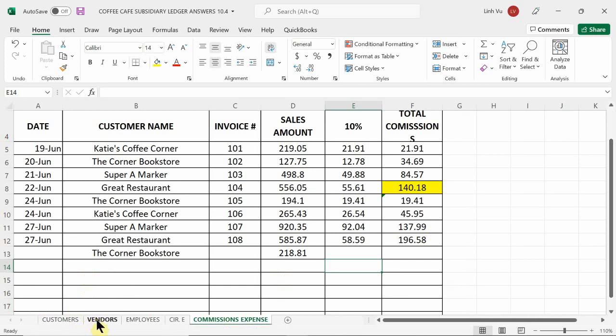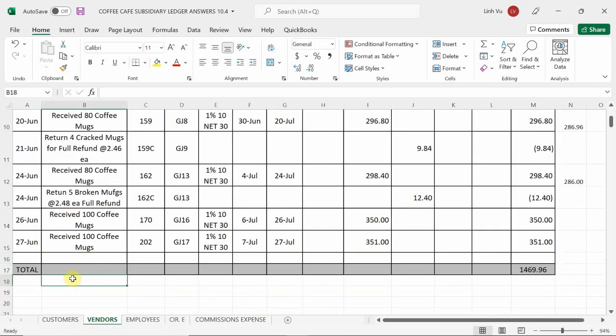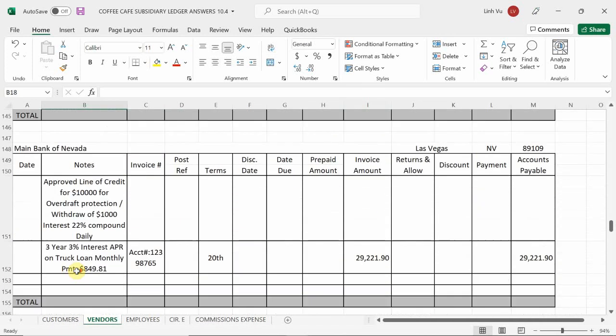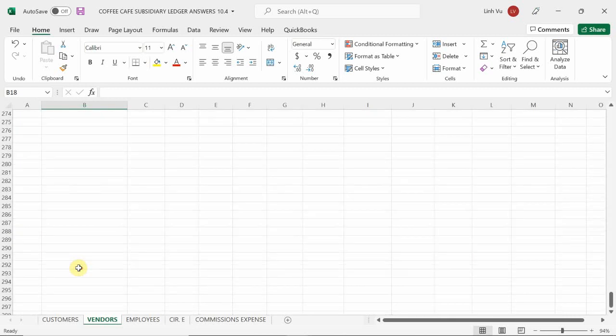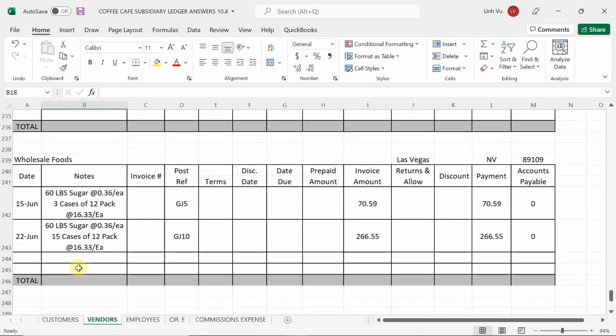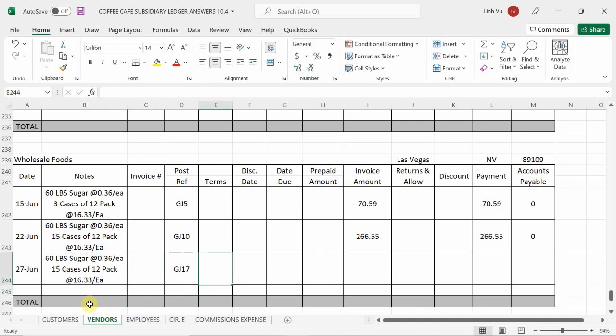Last but not least, you need to update your vendors in case for any reason that you need to return those sugars or creamer. General 17 for the 266.55, and of course you paid with a Visa payable.